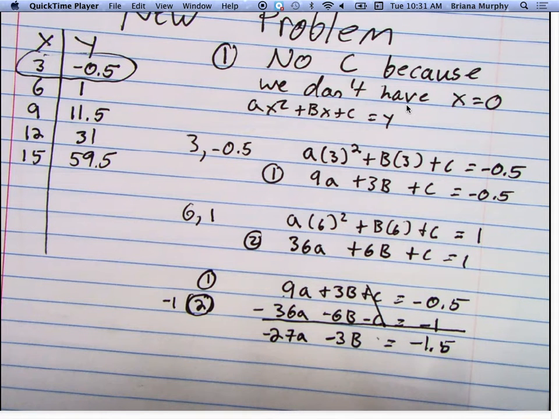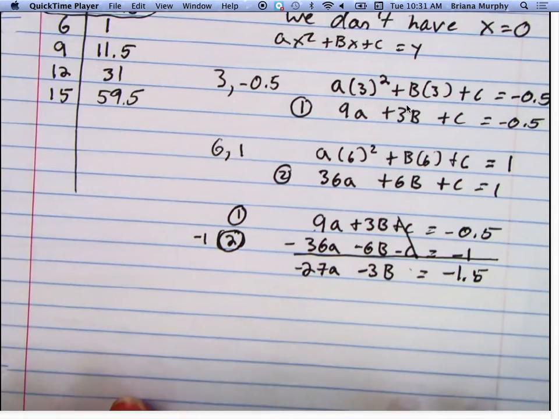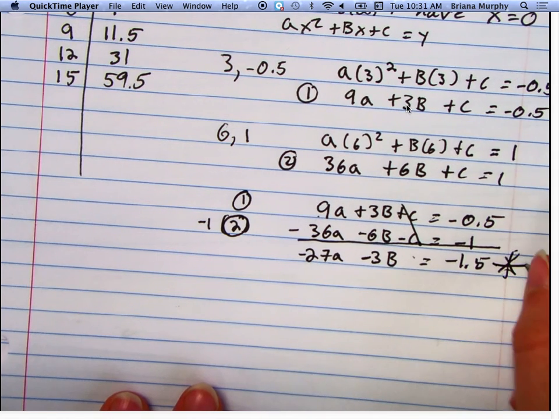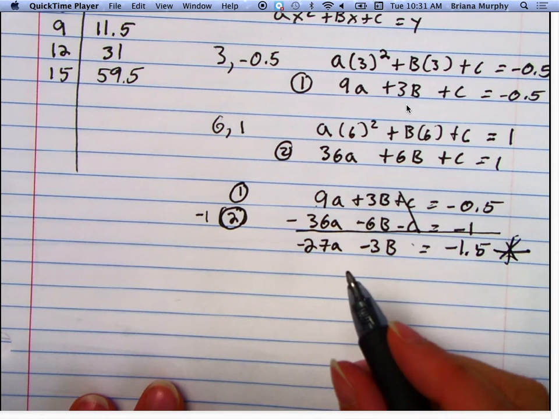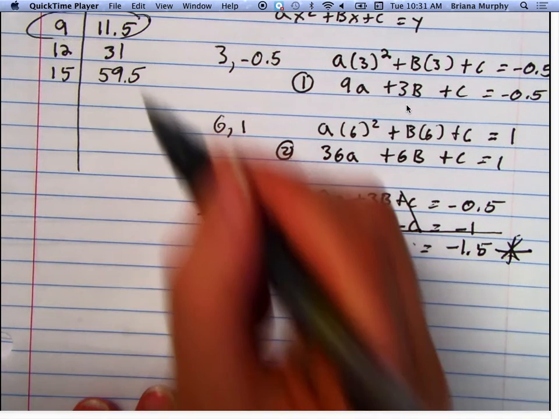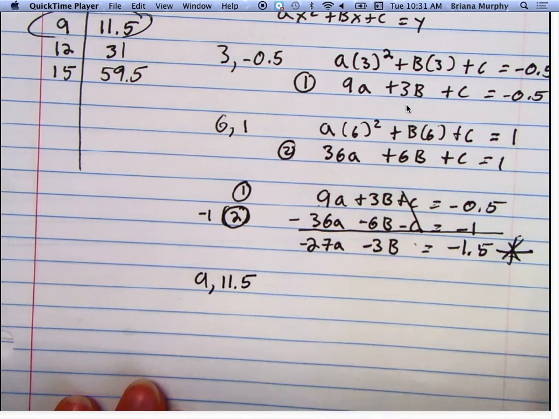Now I'm going to take a third equation and plug it in so that I can eliminate and get just A's and B's to add to it. Okay? So, don't forget this equation right here. This is important. But I'm going to find a third equation, so I'm going to take this one right here, 9 comma 11.5, and plug it in.